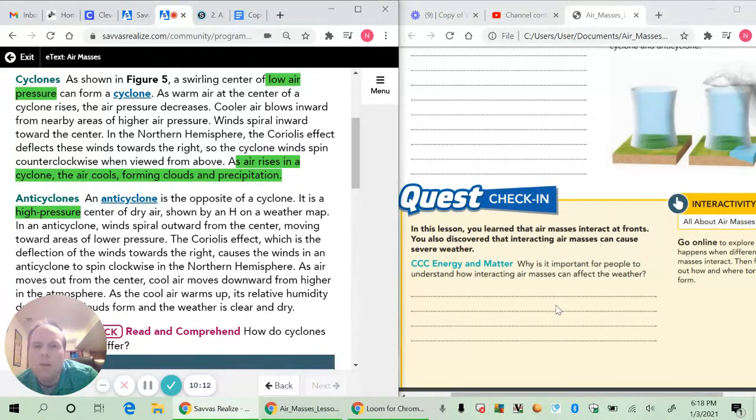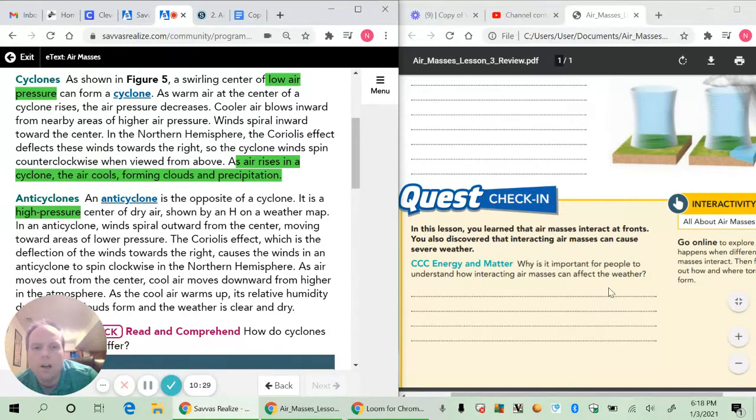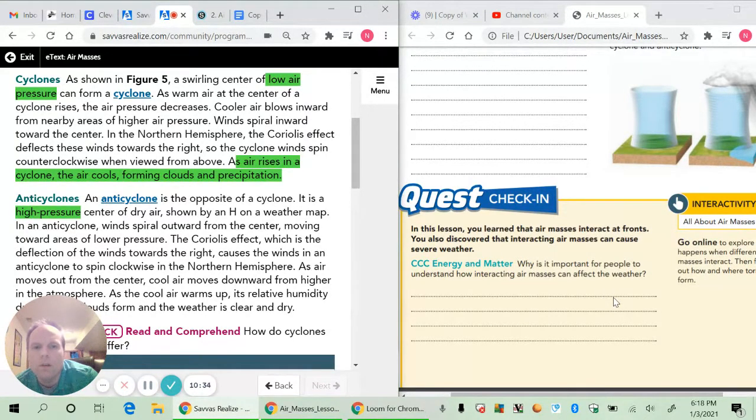Because remember, when we have two or more different air masses next to each other, that is where we have something called a front. And a front is where we often get a lot of our different weather occurring, like rain and thunderstorms and snowstorms. So it's important to understand where air masses are and what they are, because that is what causes changes in our weather when air masses interact with another air mass at a front.